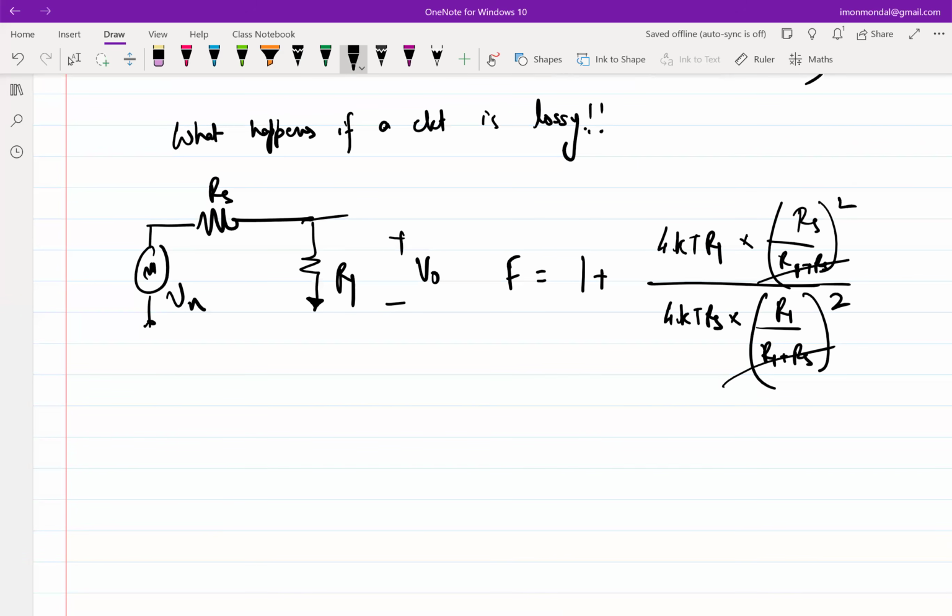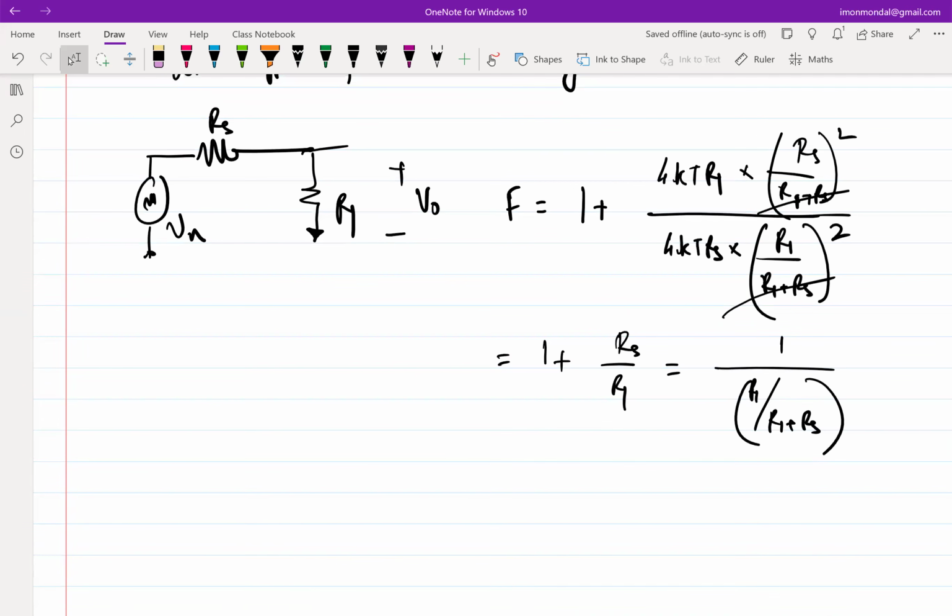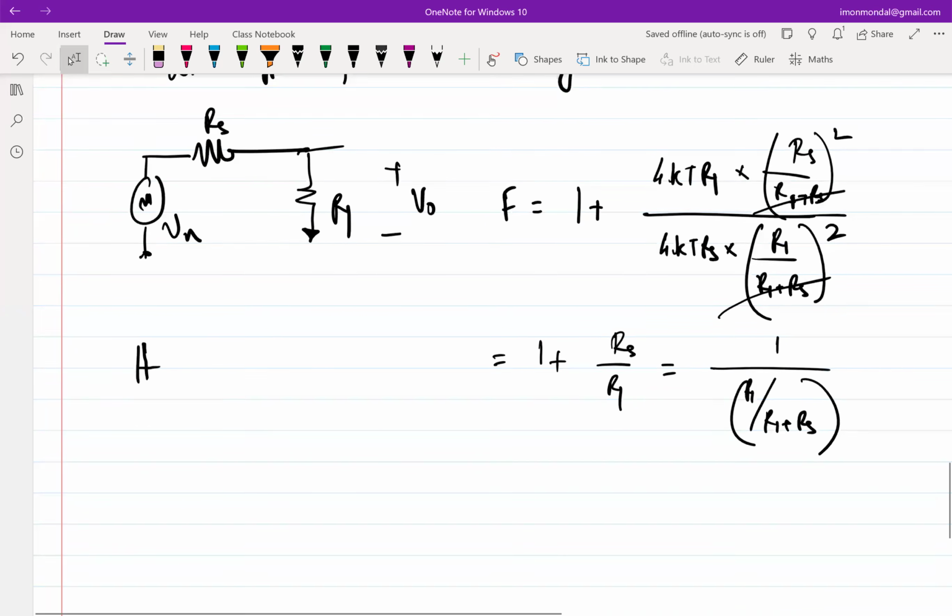So this guy cancels, and this becomes 1 plus RS by R1, or I can simply write it as 1 over R1 by R1 plus RS. Right? So now what is this telling you? This is essentially telling you that R1 by R1 plus RS is the transfer function. Right? So H is R1 by R1 plus RS.